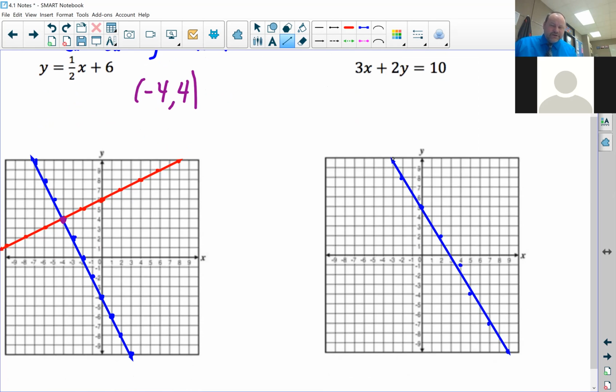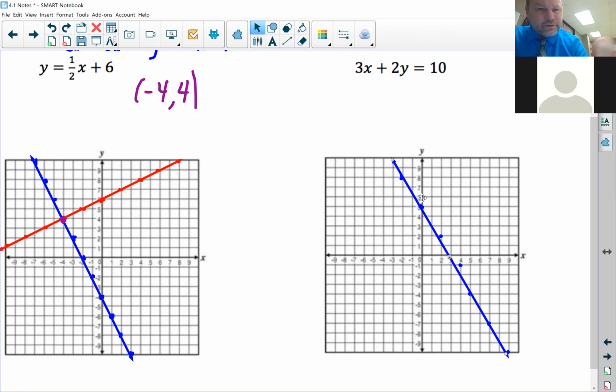There's our first line. Pretty good, maybe off a little bit. Aha, I see why it's off. I had the wrong points in there.